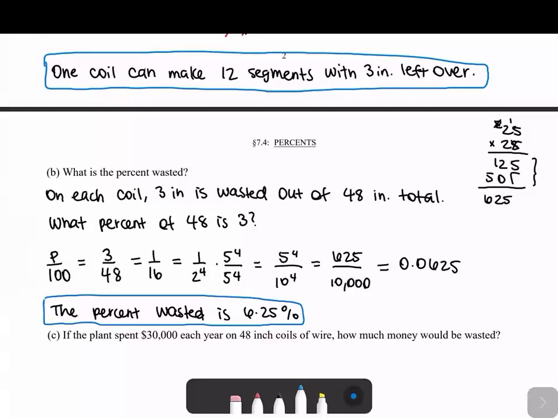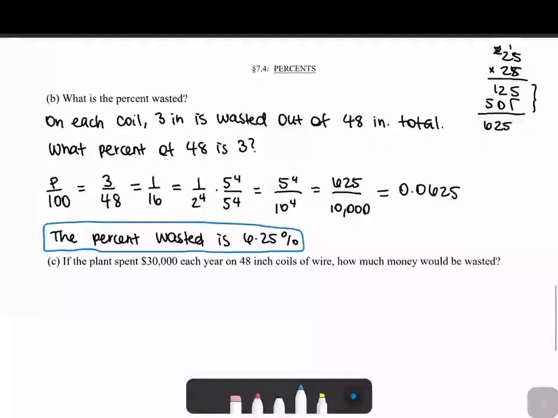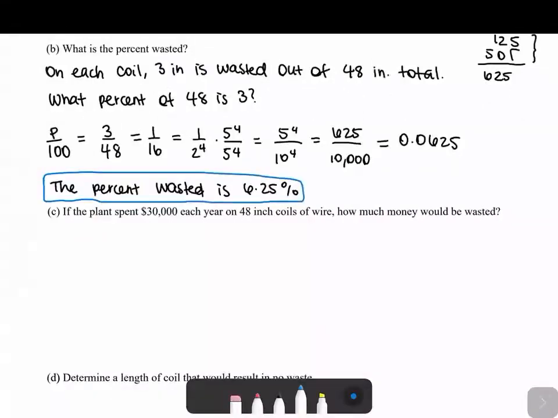Okay, so now the same manufacturing plant that we started with spends $30,000 each year on the 48-inch coils. And we want to know how much money would be wasted. So we waste 6.25% of each coil, and so a proportional amount of money is wasted as length is wasted.